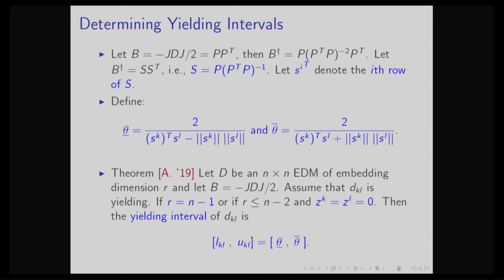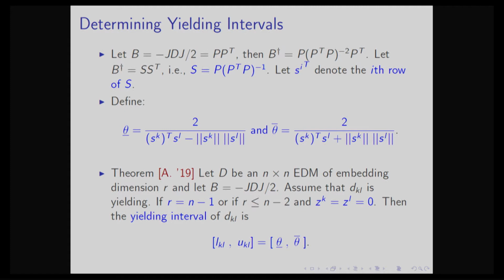Then we have this result that if the embedding dimension is n minus 1, or if the corresponding Gale transforms are 0, and if the entry is yielding, then the yielding interval is given by this formula.